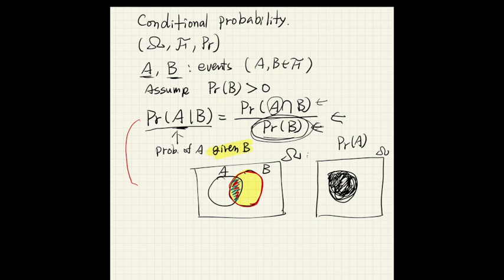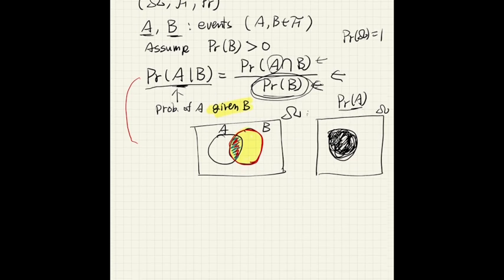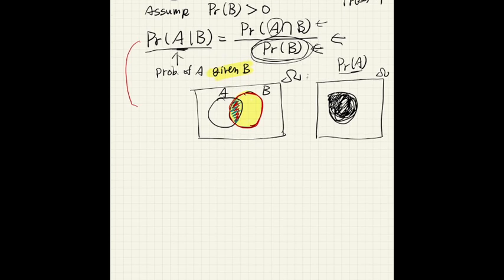Because the probability of omega is always 1. So the probability of A is always less than or equal to 1. So you may say any probability is actually a conditional probability given omega. So we may actually write this probability as the conditional probability of A given omega.